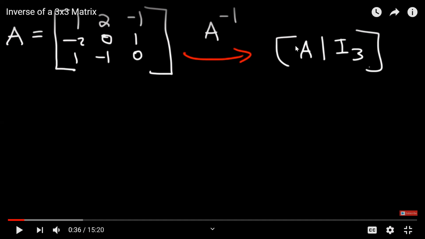And then we will do row operations on this augmented matrix such that at the end, we reach a situation where A becomes I3, and whatever happens to I3 will constitute our A inverse. So this is how we tackle most of the time this 3 by 3 matrix inversion process.